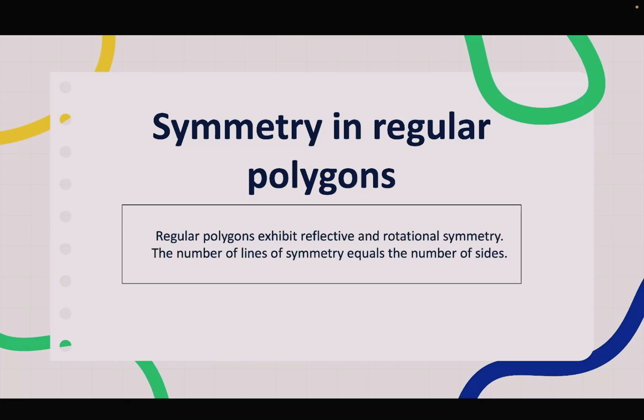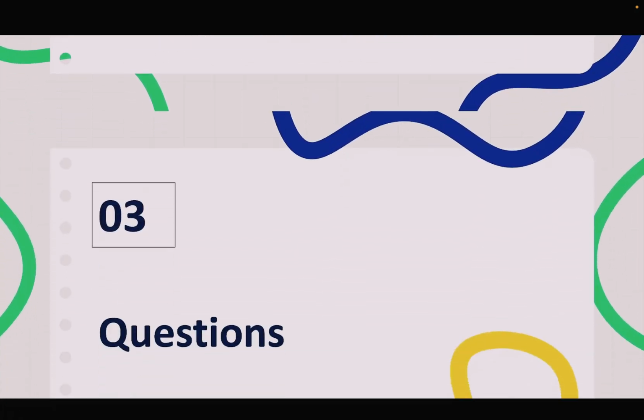A regular pentagon has 5 sides and 5 angles, so we can say the lines of symmetry are 5 because the number of sides is 5. Also for an octagon, which has 8 sides, if it's a regular octagon, it automatically has 8 lines of symmetry.